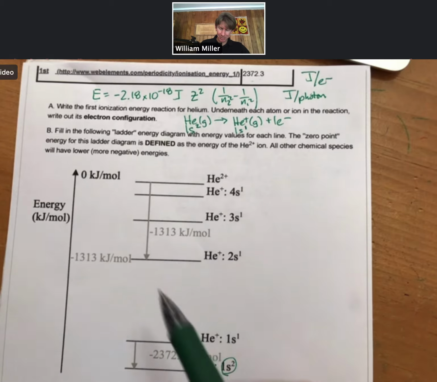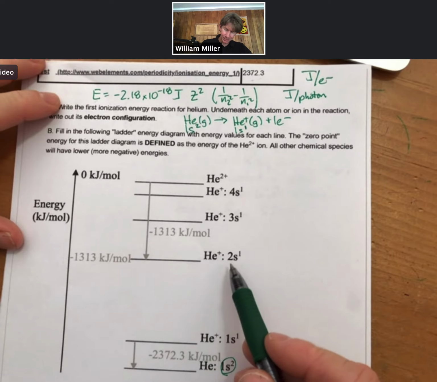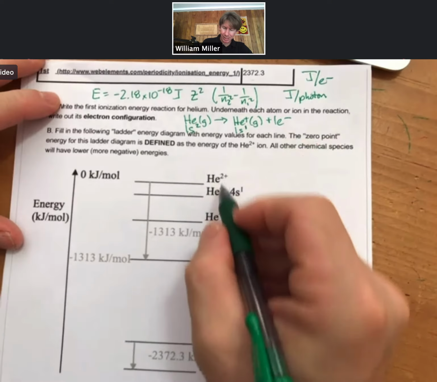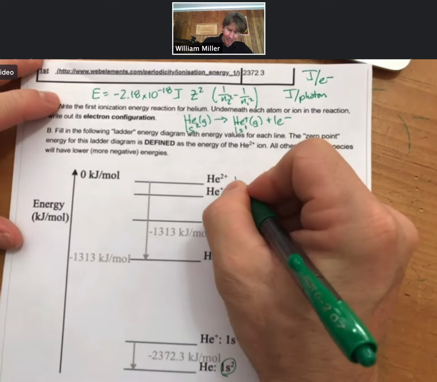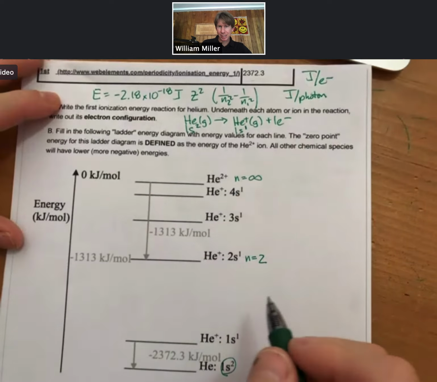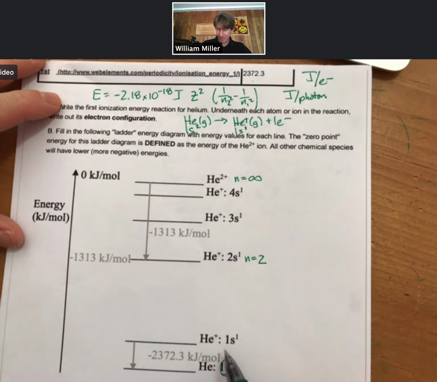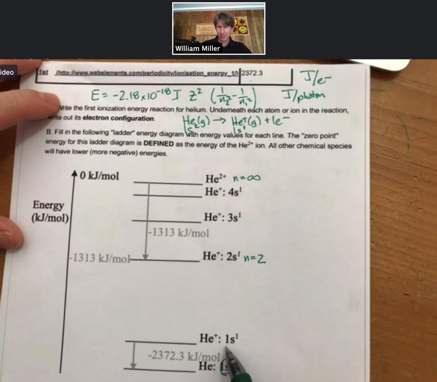Now, I think the example I've given here is when n equals 2. And here, when the electron has left the atom, n equals infinity. We've also got n equals 3, n equals 4, and n equals 1 down here.